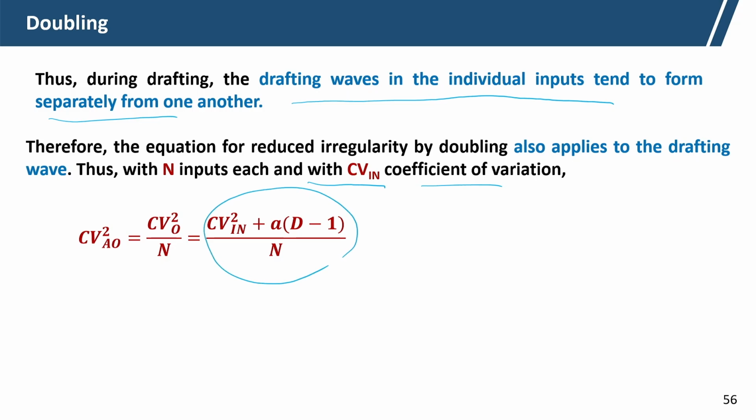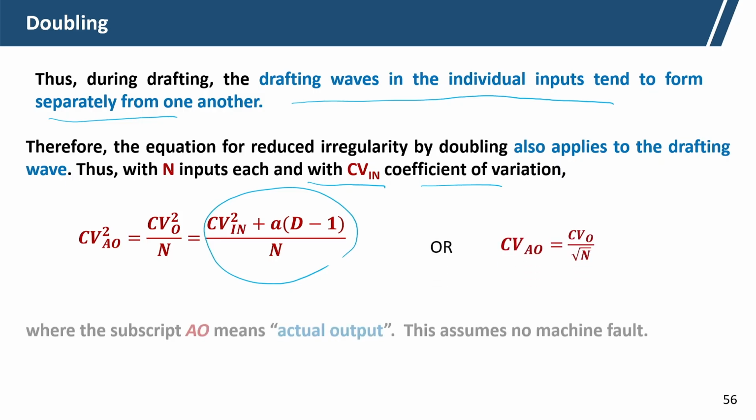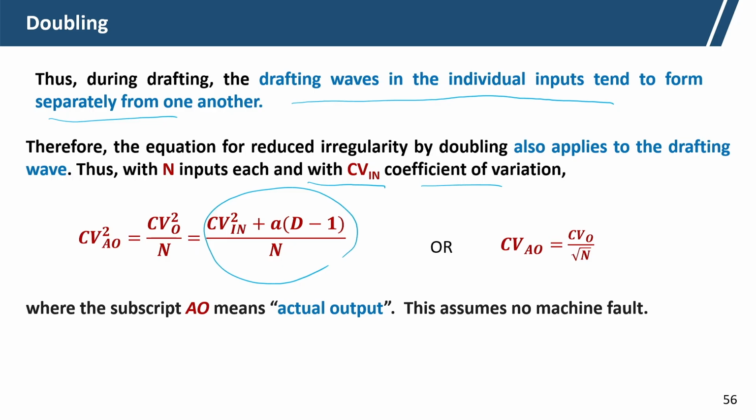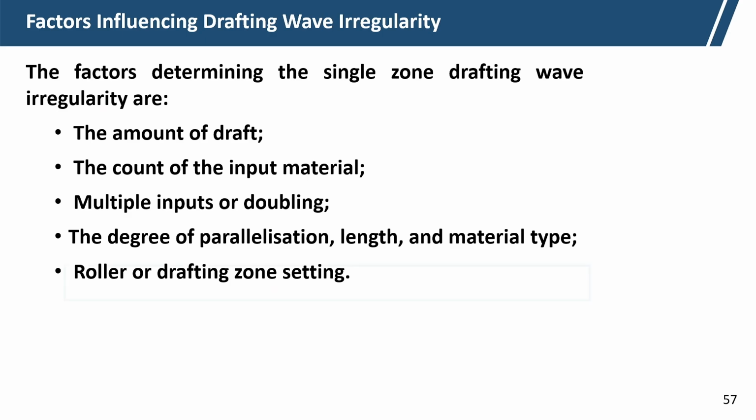So, that is CV AO, which is the actual output. CV output we have seen earlier, the actual output will take care of the draft.